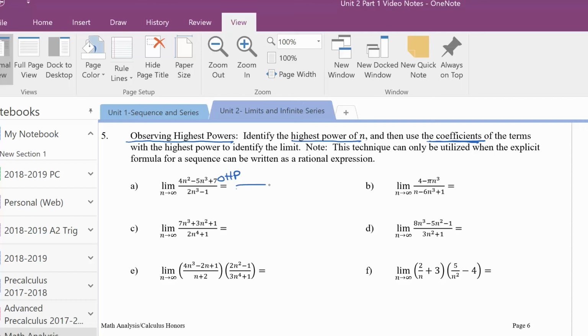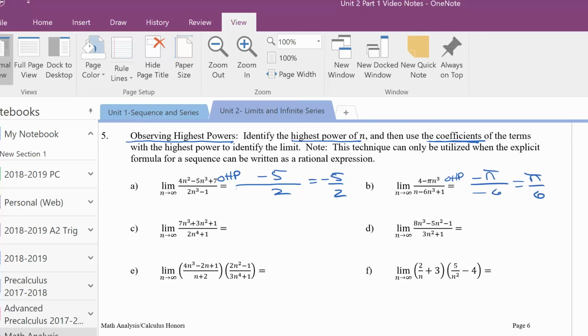So for example, the highest power of n is n to the third, so it's negative 5 over 2, so it's negative 5 halves. And that's what we got on the same problem up above by doing the limit rules. So here, part B, the highest power of n is n to the third, so observing highest powers, we're going to get negative pi over negative 6, which is pi over 6.